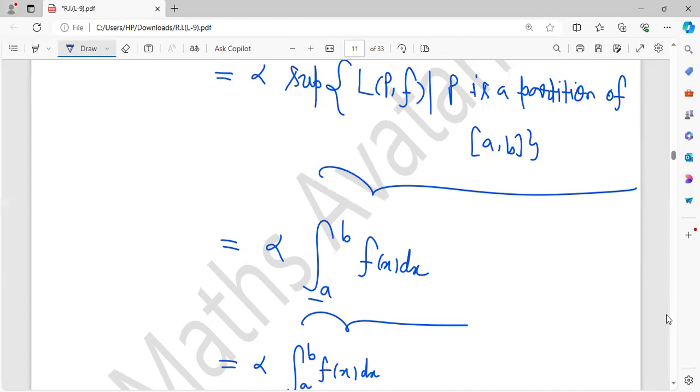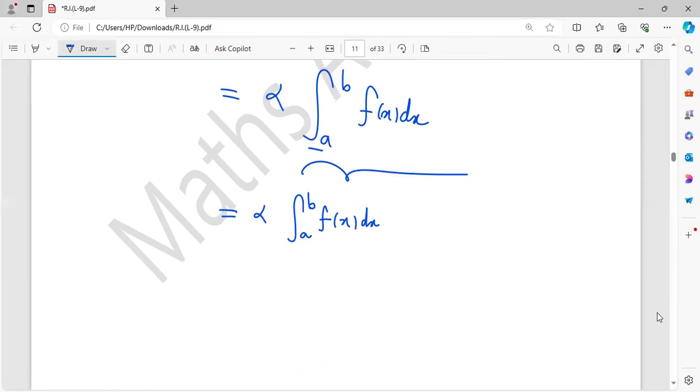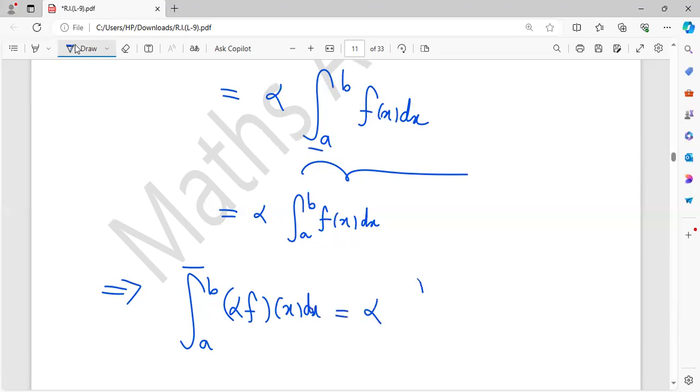So the upper integral of alpha f(x) dx is equal to alpha times the integral from a to b of f(x) dx. Let's call this equation number 3.